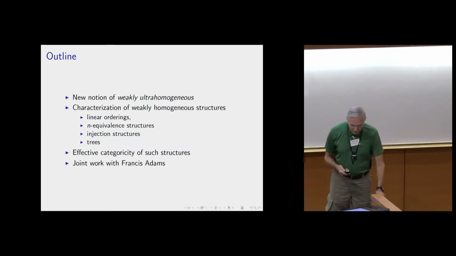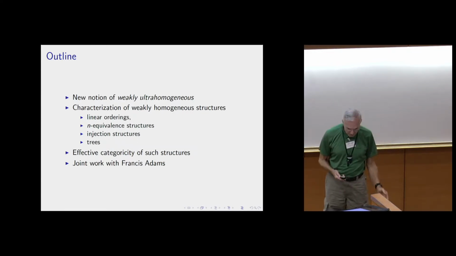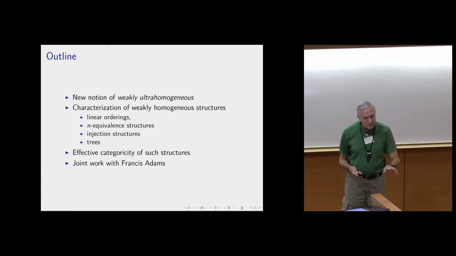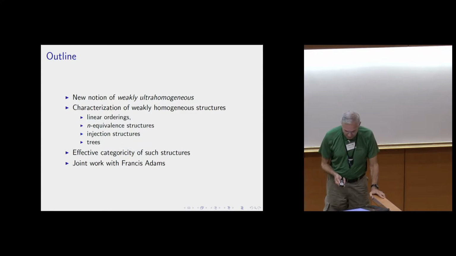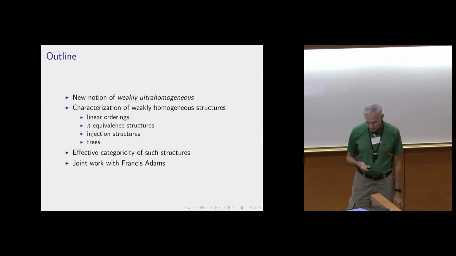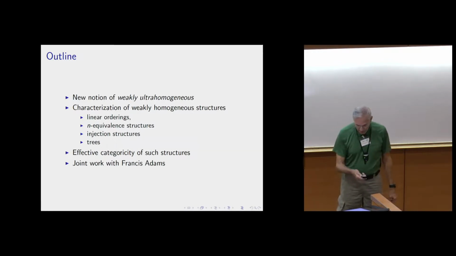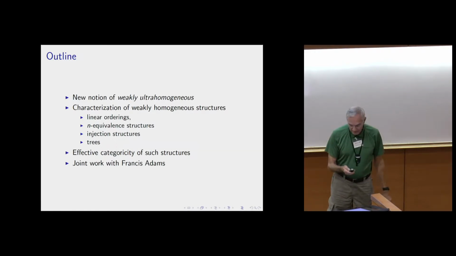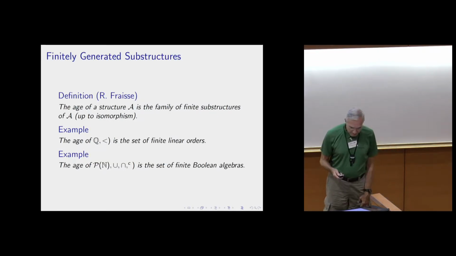So we can apply this to some well-known structures such as linear orderings, equivalence structures, trees, and injection structures, and make a comparison with our notions of effective categoricity. This was joint work with Francis Adams, a recent graduate from Florida, and last year Selwyn also joined the project.